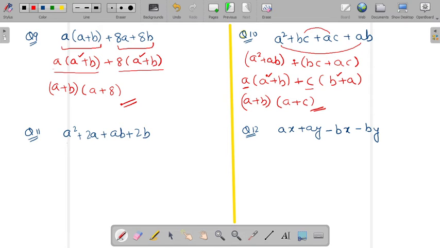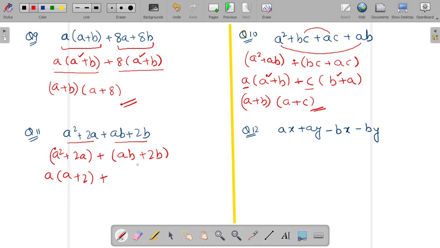Now in this case, take these two terms together and these two terms together. The more you practice, the more you will understand how to do the grouping. Now what is common? A is common. From these two, a is common, so a plus 2 is left out.